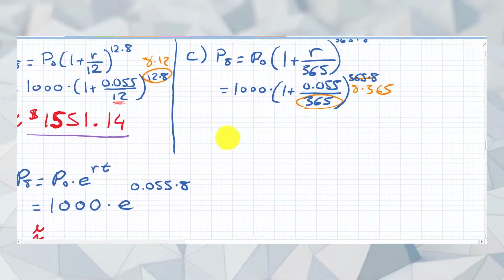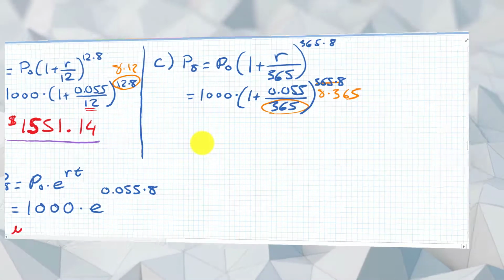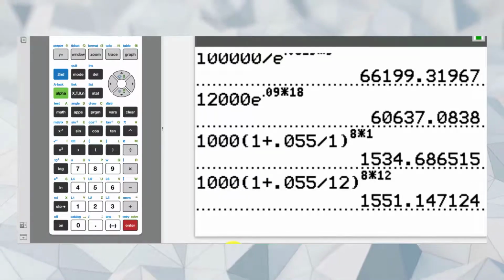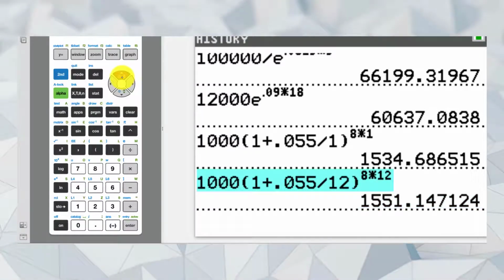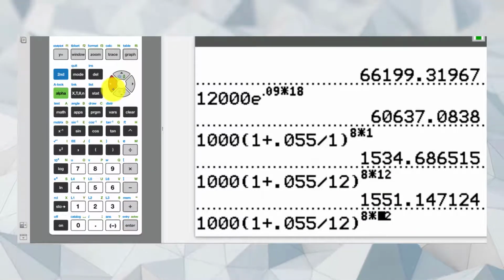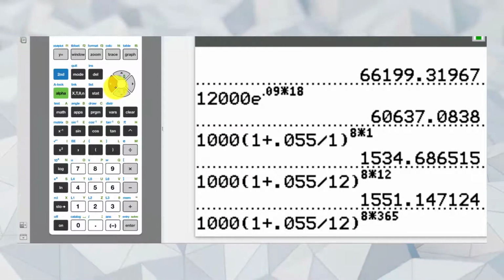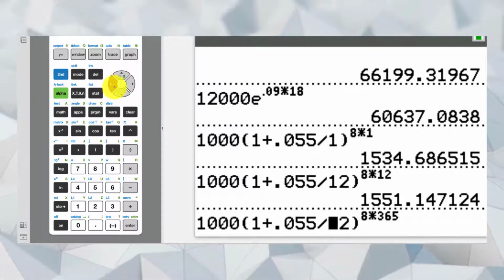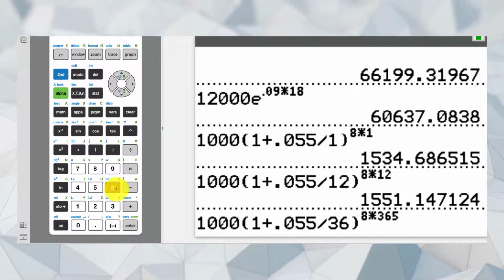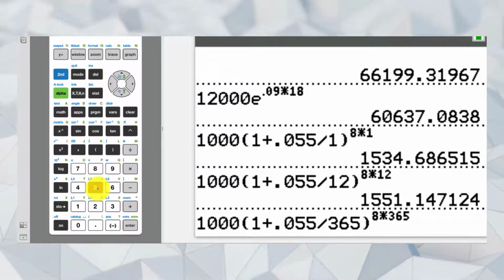Okay, well, let's increase the number of compounding. Now I want to compound daily. So what do we have? So this time again, I'm going to grab my formula right here. I'm going to replace my power by 8 times 365 right here. I'm going to go on top of 12 right here. And I'm going to put 3, 6. And here I need to insert. So second insert and a 5. All right.